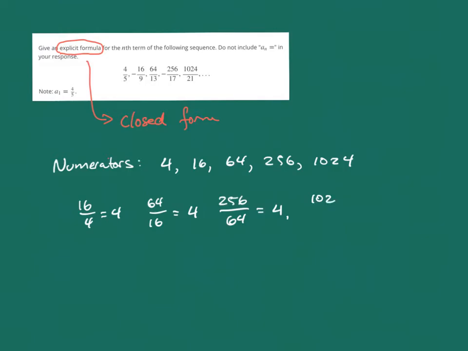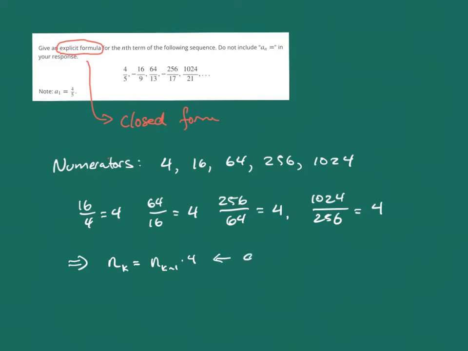And finally, if I look at 1024 divided by 256, I once again get a value of 4. So what that's really telling me is that at least my numerators have some kind of recursive formula, that the kth element is going to be the previous element times 4.